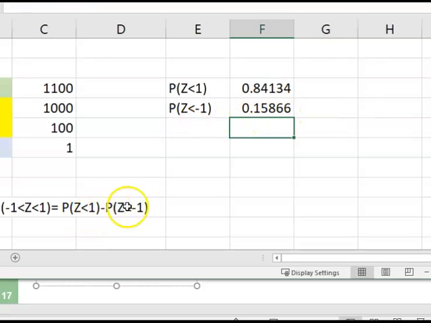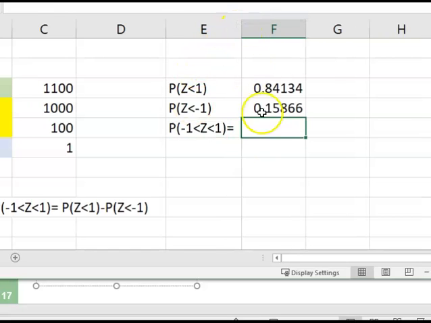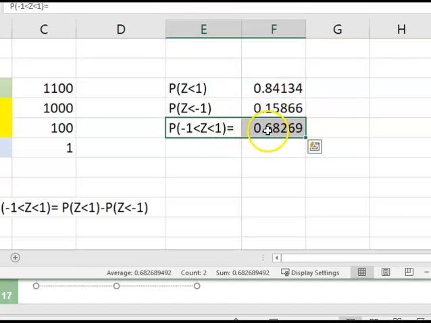So the difference between these two is the probability of z between -1 and 1. That's equal to this minus this, which is 0.68.